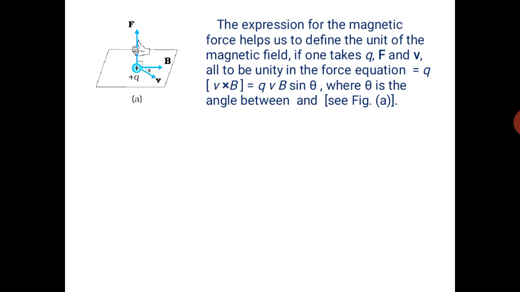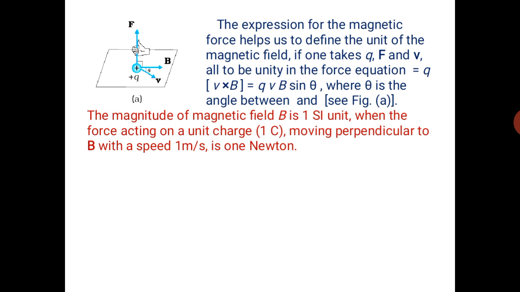Cleared? So next point, the magnitude of magnetic field B is 1 SI unit when the force acting on a unit charge, having 1 coulomb charge moving perpendicular to B with a speed of 1 meter per second, is 1 Newton.